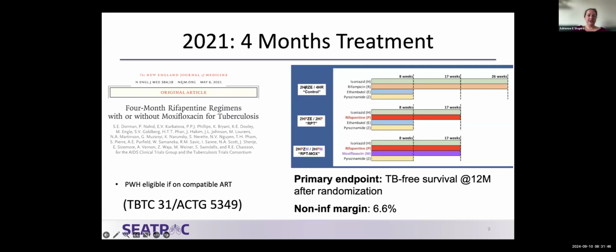It looked at the standard 6-month regimen, and it looked at 2 different 4-month regimens, one that used rifampin and moxifloxacin, and one that used rifapentine only as the change. So replaced rifampin with rifapentine, and one that used rifapentine and moxifloxacin, a fluoroquinolone.